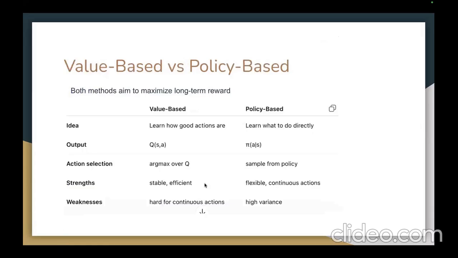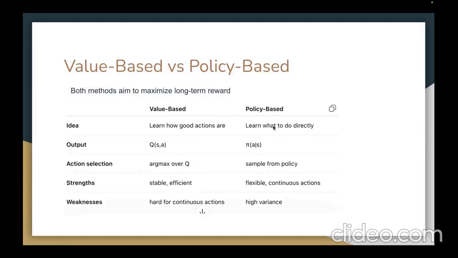Now we can finally compare the two camps of methods. We have the value-based method on the left. We learn how good the actions are, and the output is typically a Q function. We take the argmax over the Q. The strength is that it is typically stable and quite efficient. However, it's very hard for continuous actions because of the argmax problem.